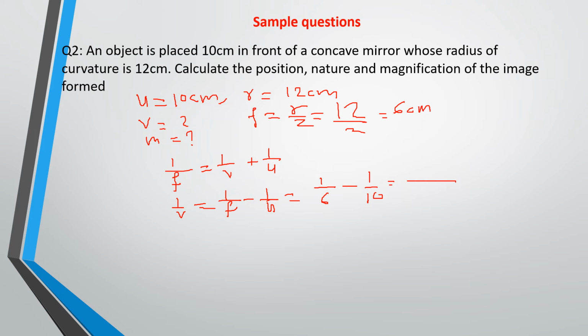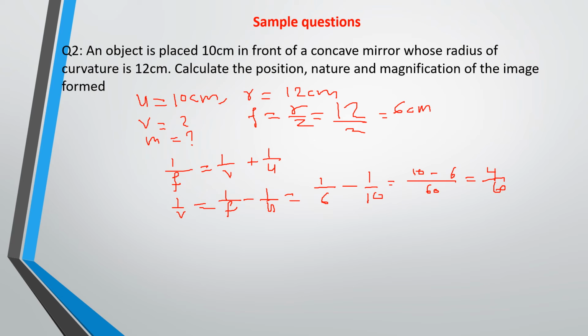The LCM of 6 and 10 is 60. 6 goes into 60 ten times, and 10 into 60 is 6. So that gives you 10 minus 6, which is 4 over 60.